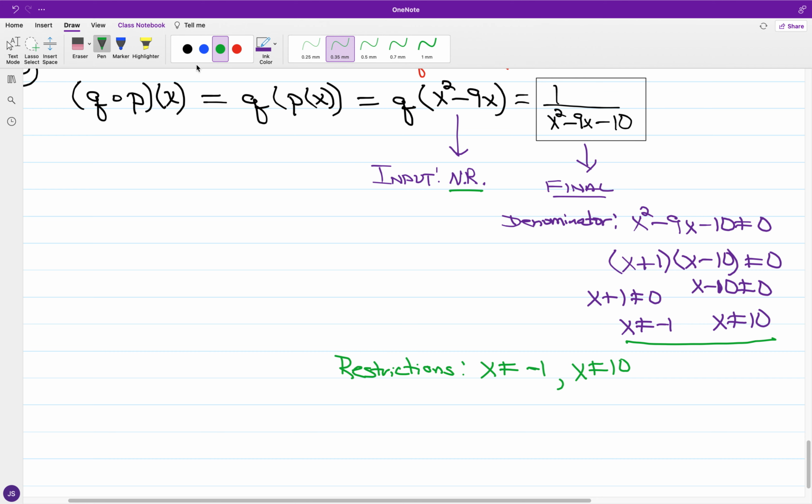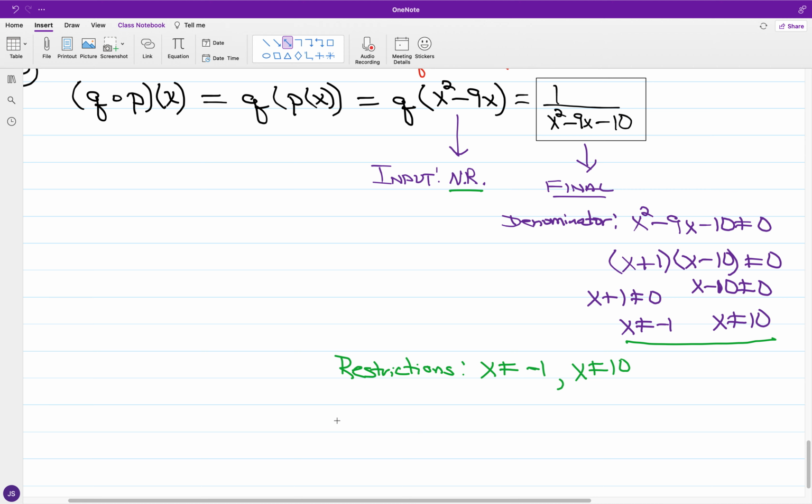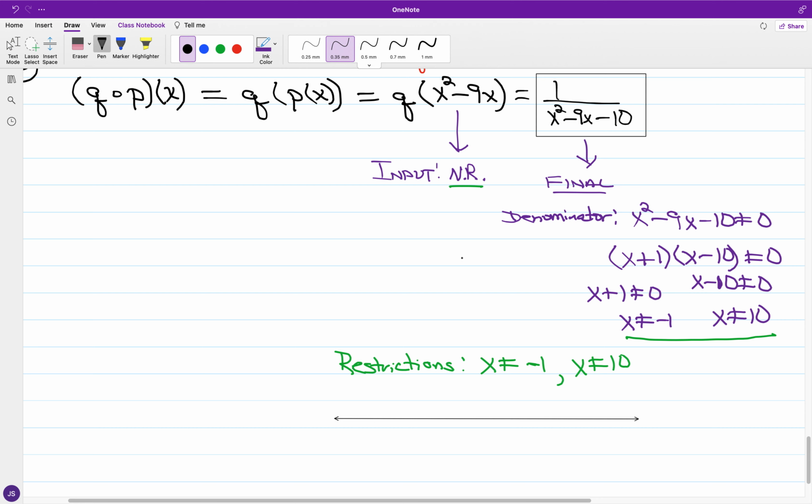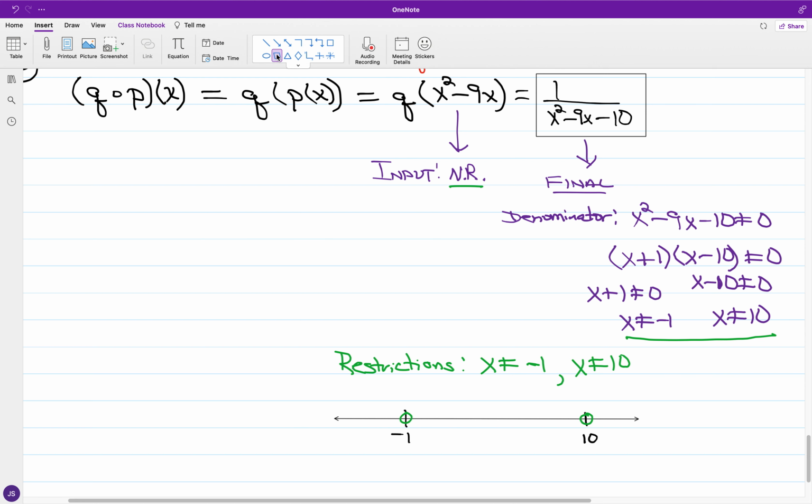So for the domain, we're leaving out negative 1 and 10, but everything else between, before, and after will be in the set.